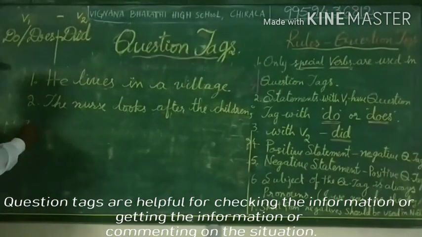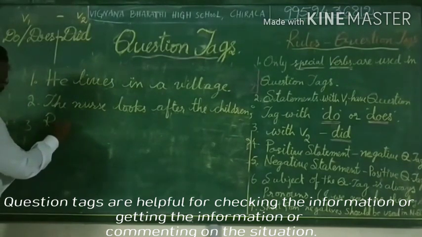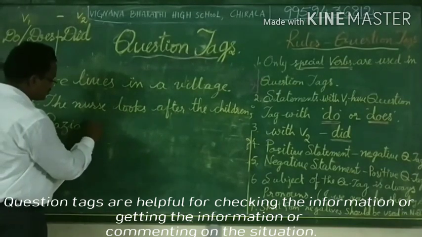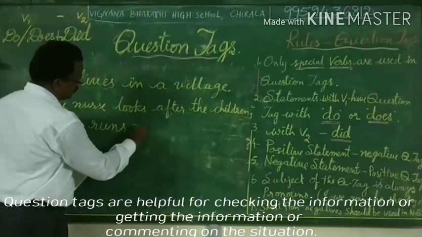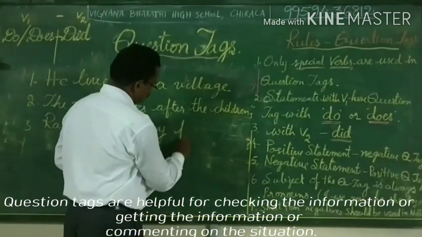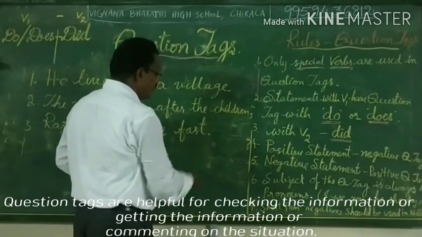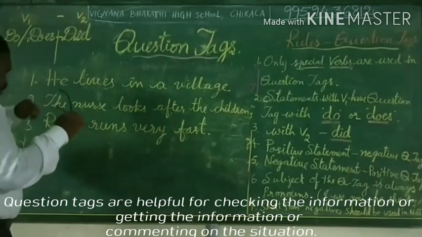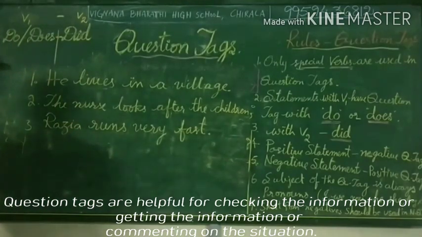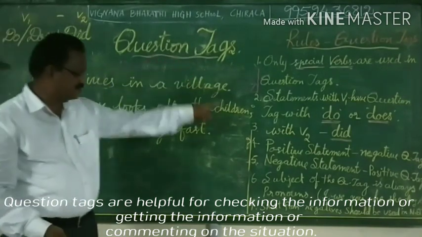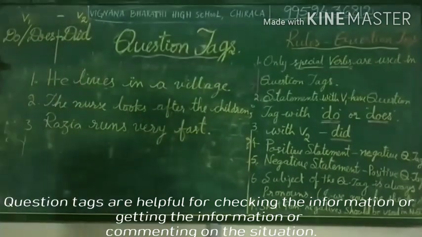Another sentence. Rajya runs very fast. These three statements are given to you to practice with your own knowledge, by using this set of rules to make question tags.